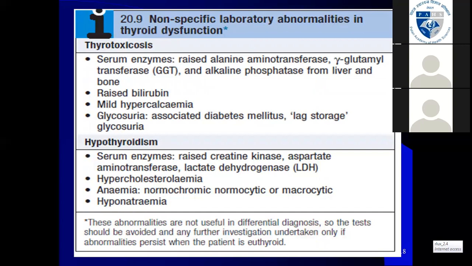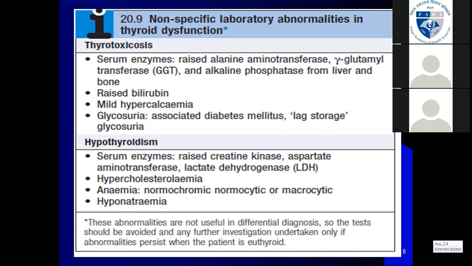There are some non-specific laboratory abnormalities in thyroid dysfunction, but these are not useful in differentiating the diagnosis. But if we suspect thyrotoxicosis or hypothyroidism, at that time we can send these labs like serum enzymes: raised alanine aminotransferase, GGT, ALP, and the bilirubin could be raised.